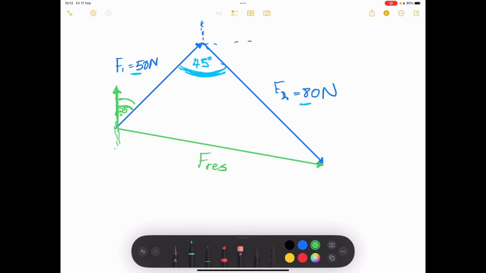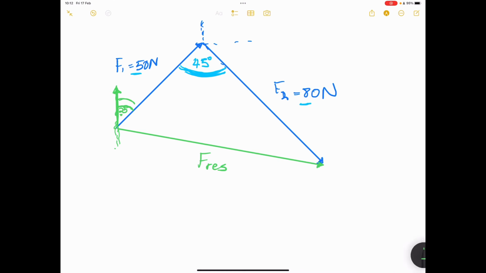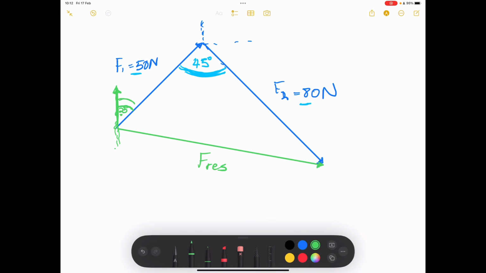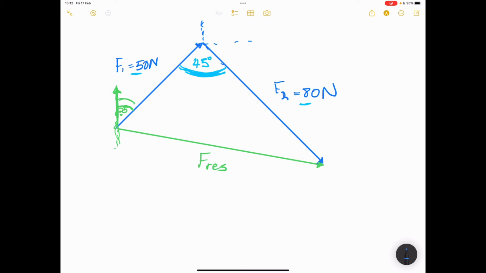Can we calculate the resultant force? Absolutely. To get the resultant force, the resultant force squared is equal to F1 squared plus F2 squared minus 2 times F1 times F2, the cos of the included angle. In this case, because I didn't give it a name, let's just say the cos of 45 degrees.